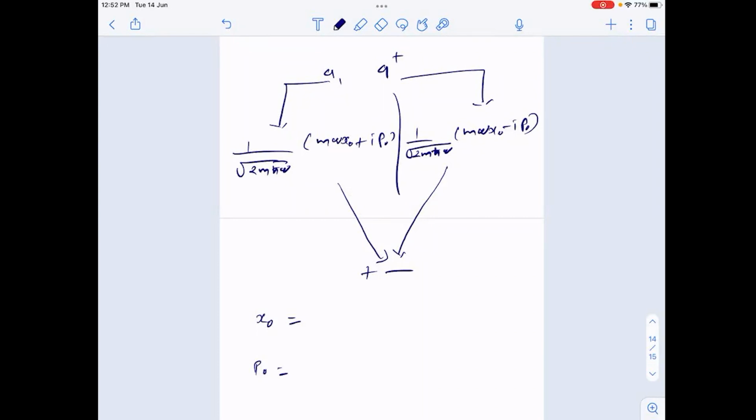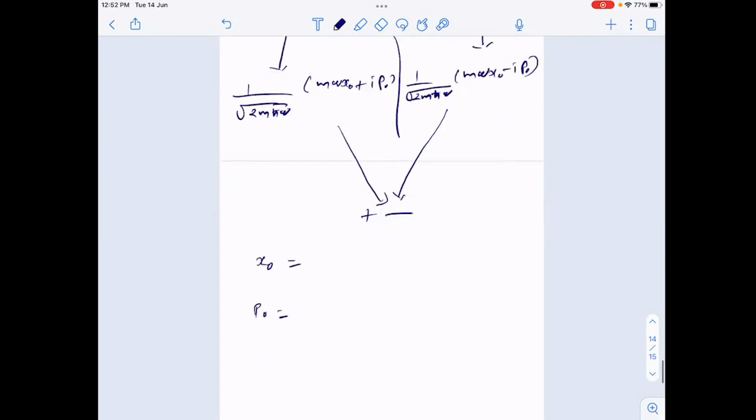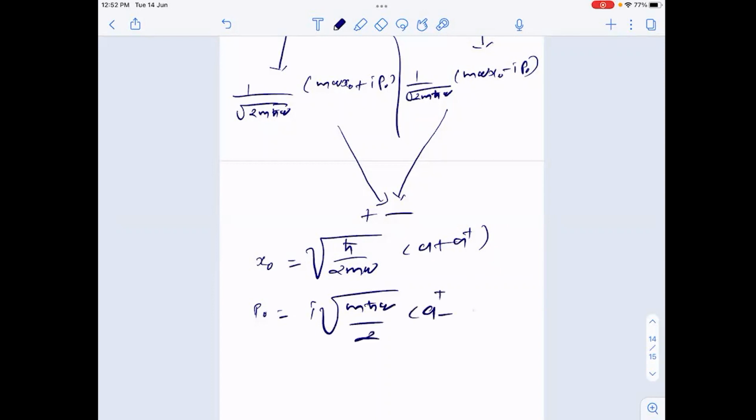The operators which define where excitation and de-excitation of phonon is happening, that is, creation and annihilation, just like a simple harmonic oscillator, because phonons have oscillations. I hope you are getting this idea. Some of you may have seen this, some of you may not. So x0 is under root ħ upon 2mω times (A plus A dagger), and p0 is going to be i under root mħω upon 2 times (A dagger minus A).